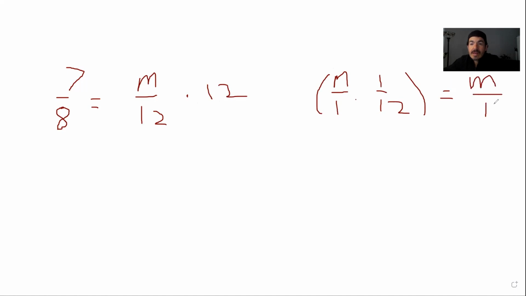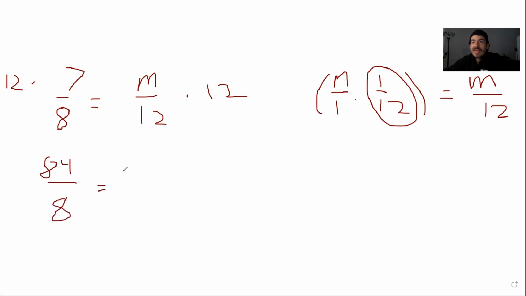So to get m, I'm going to multiply by the reciprocal of that, which is 12 over 1. Whatever I do to the right, I need to do to the left, and vice versa. And I end up with 84 over 8 equals m, which is what they came up with.